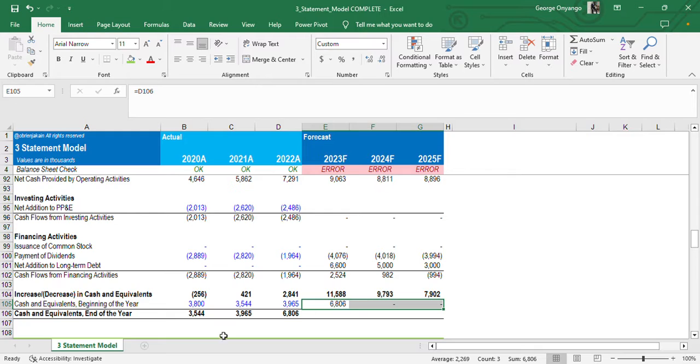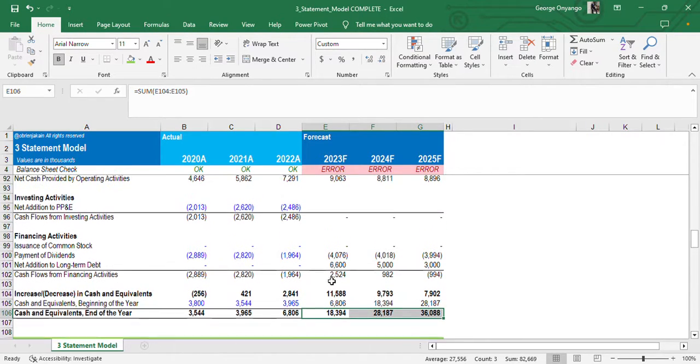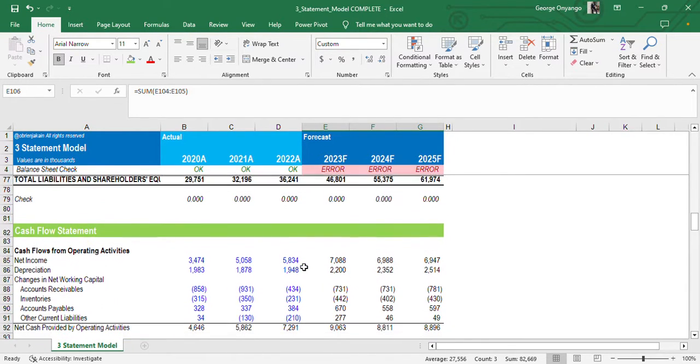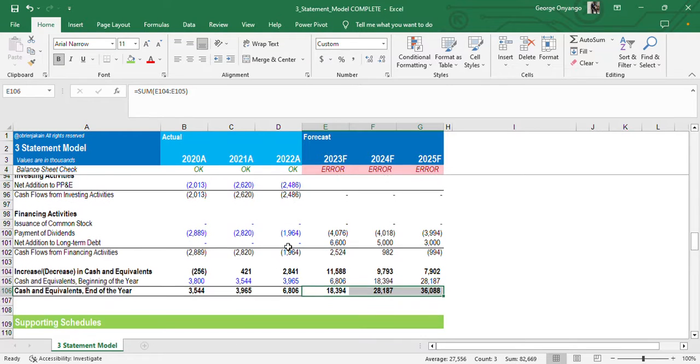So it means that cash and equivalent at the end of the year is going to be a sum of that. So we just fill that right, and everything will come into place. So that is the information we have so far in the cash flow statement. We are not able to complete it because we have not gotten the cash flow in the investing activity.